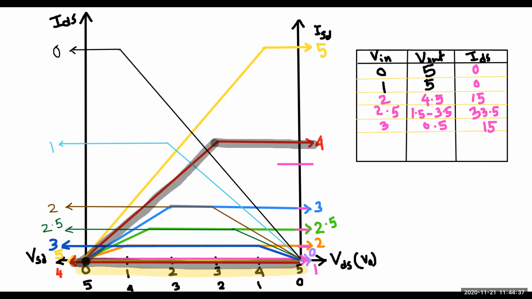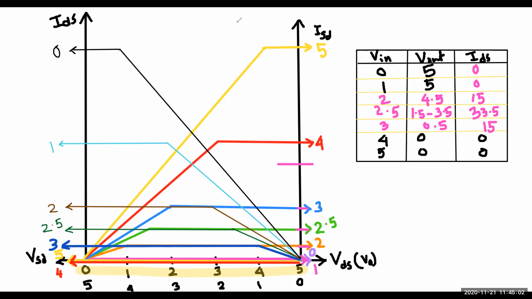So for 4, they intersect at 0. What is the current? Again 0 because they intersect at 0. For 5, also 0. You already know it. For 5, it is also 0 and your output will be 0. So this is my table. Take a screenshot if you need it.